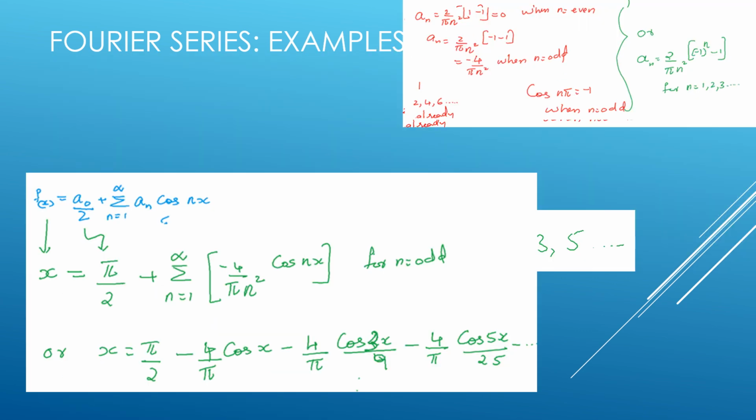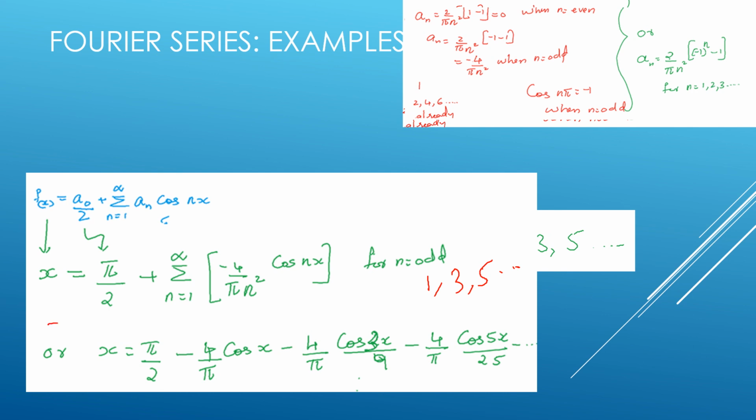We can substitute the value of an. So f of x equal to a0 by 2 plus sigma an cos nx. What is an? It is minus 4 by pi n square for n equal to 1, 3, 5, etc. For other values, we already noticed that it is 0.